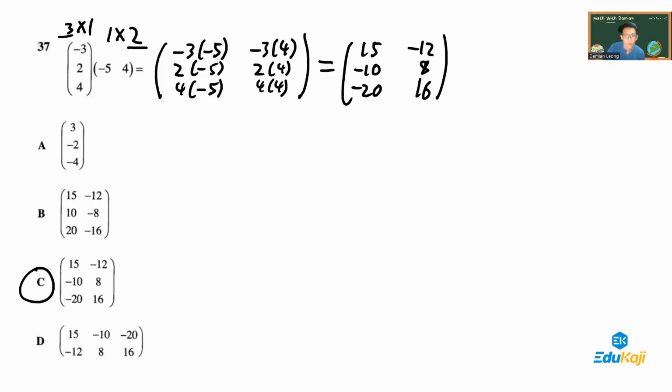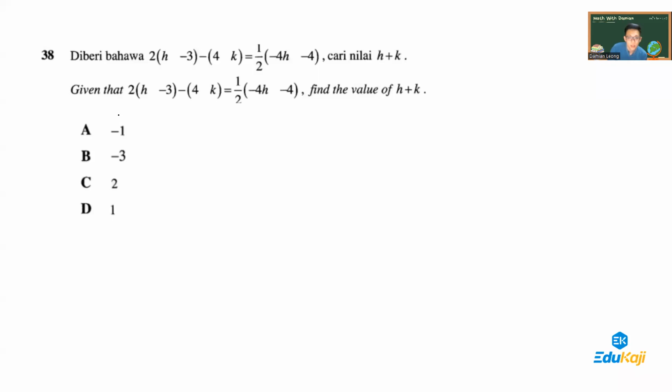Question 28. These two are equal. Find the value of H plus K. So I can times the 2 in first, and I can times the half in here.